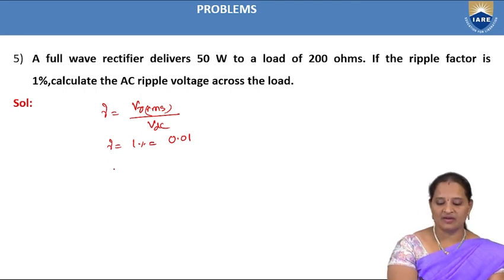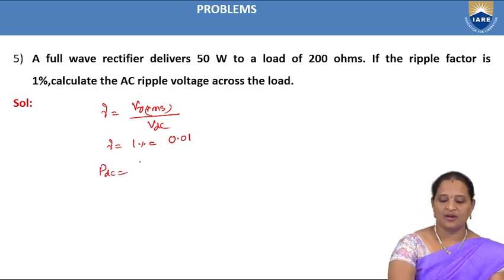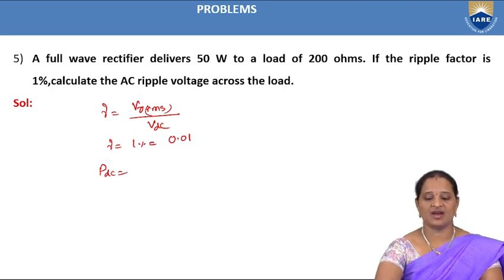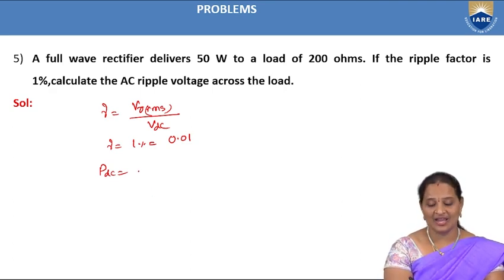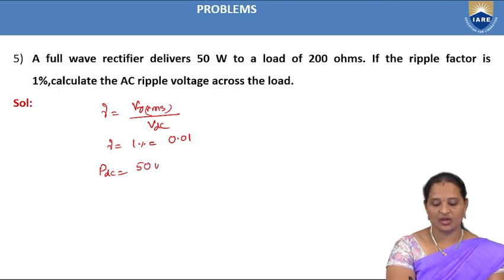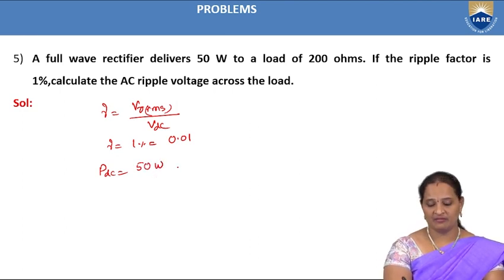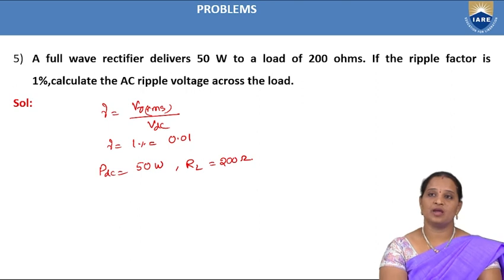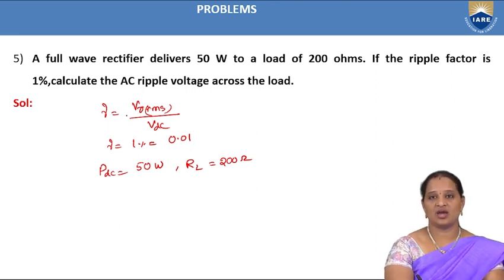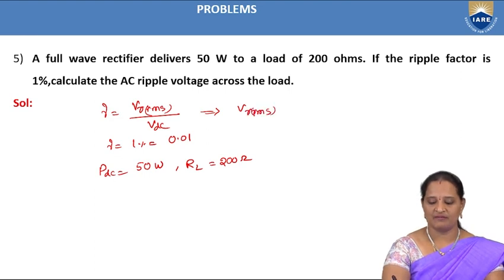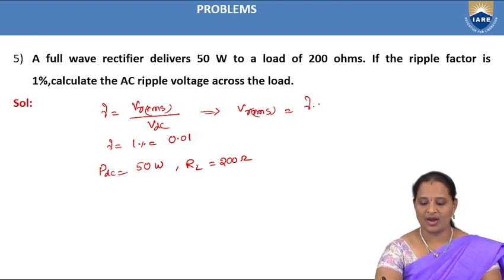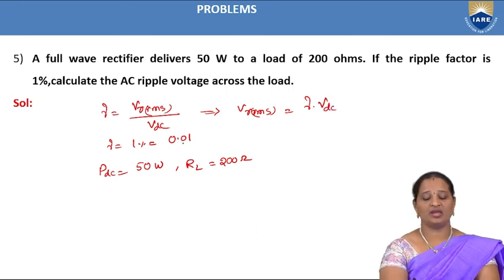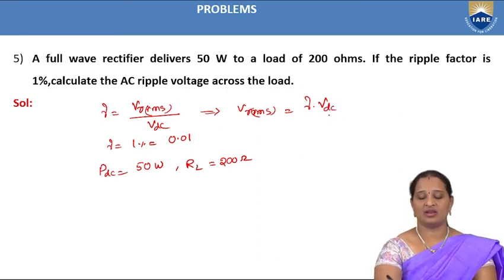And he has given that P_DC. What is this? Full wave rectifier delivers 50 watts to a load. This indicates the DC power delivered to the load, which is given by 50 watts. And he has also given RL, which is 200 ohms. Now he asked us to find this V_r,rms. In order to find V_r,rms, first of all, I should know gamma into V_DC, where gamma is already given, and now I have to calculate V_DC.